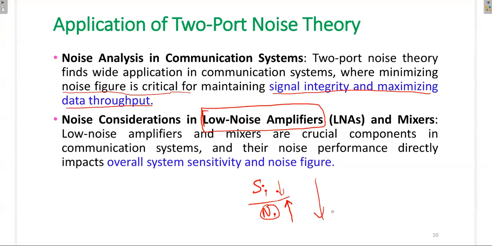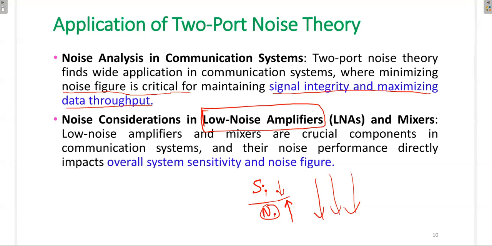The signal to noise ratio will become very poor, so that we cannot get any significant information from that signal. So the term signal to noise ratio is very important when we deal with the low noise amplifiers and mixers.